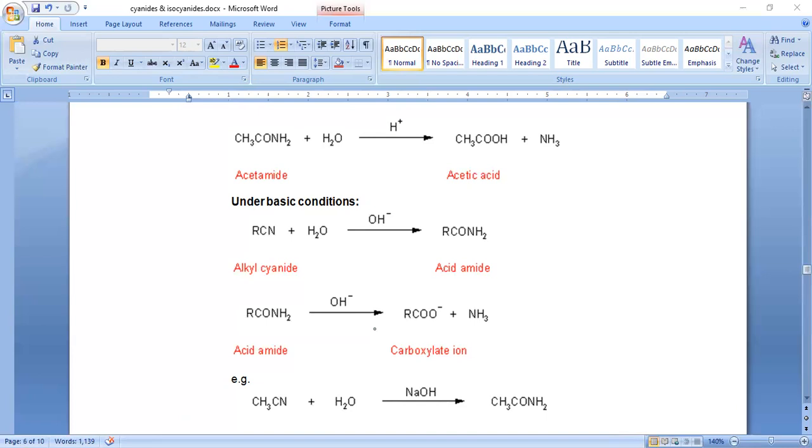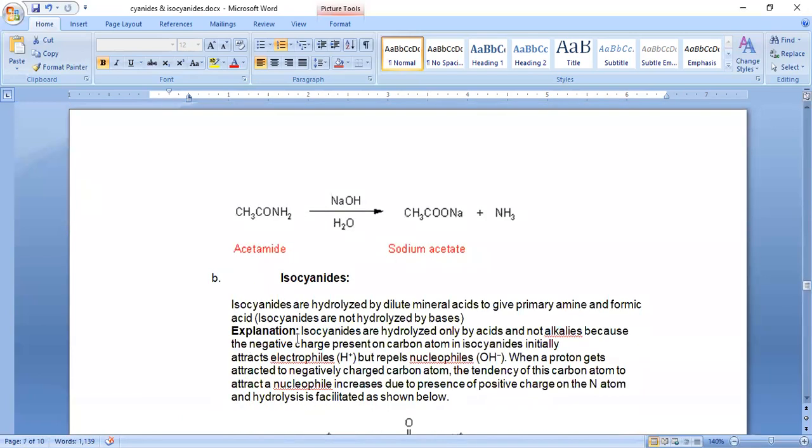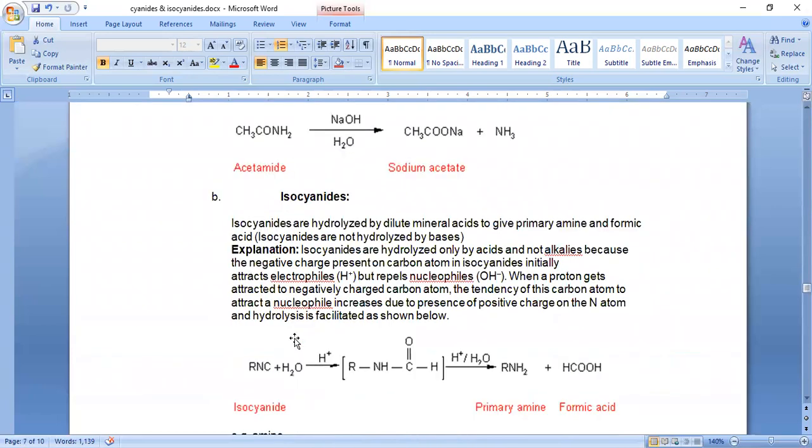Okay, so let's move on to the next topic, which is hydrolysis. Next, let's see the hydrolysis of isocyanates. Up to now we have discussed the hydrolysis of cyanides. And next, what happens in the hydrolysis of isocyanates?